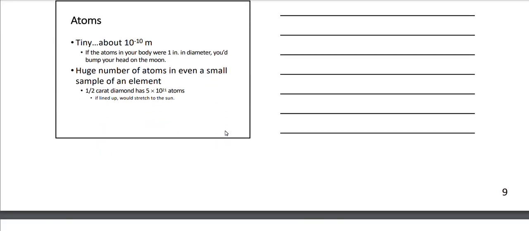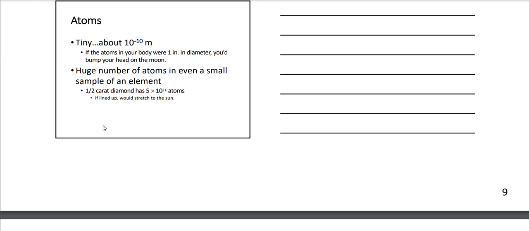When it comes to the atom, it's obviously very small and tiny. It has a diameter of 10 to the power negative 10 meter, so you can imagine how small it is. If the atom in your body were 1 inch in diameter, you would bump your head on the moon.